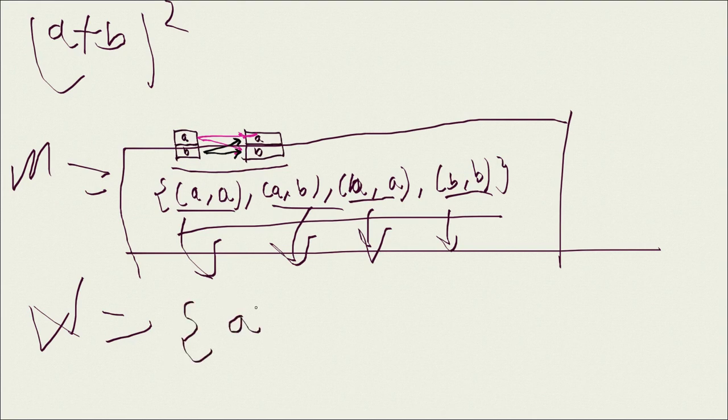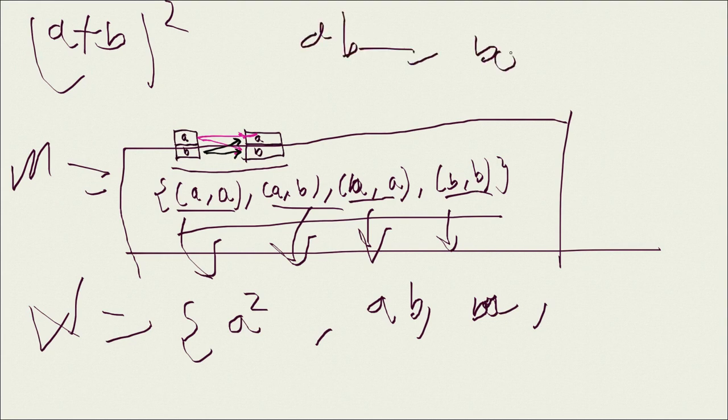So in this set we would have a squared and ab, and then ba, but ba is equal to ab, which is a property that we know. I'm writing with a mouse, so the handwriting is really bad, so I'm trying to speak as much as I can so that you can understand what I'm doing. And then there's going to be b squared. So these are the elements of this set.